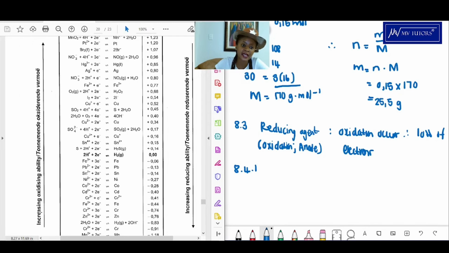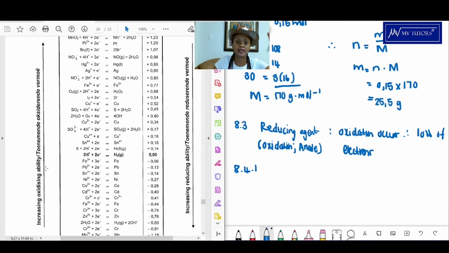Here it says increasing oxidizing ability. So when you go up the table, that's where you have stronger oxidizing agents. Oxidizing ability is similar to saying oxidizing agents, so the powerful oxidizing agents are the ones higher up the table.